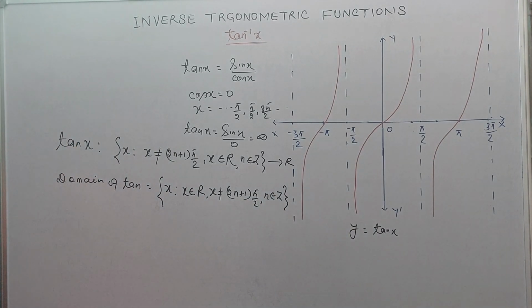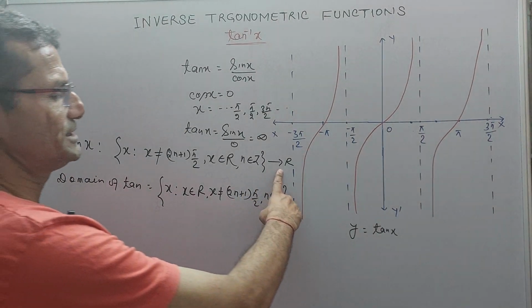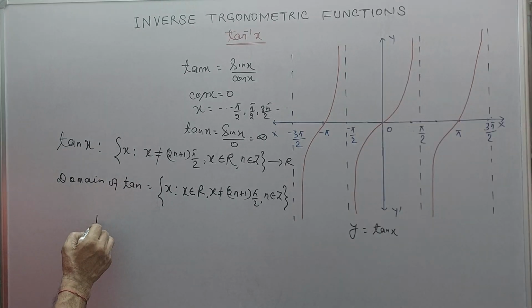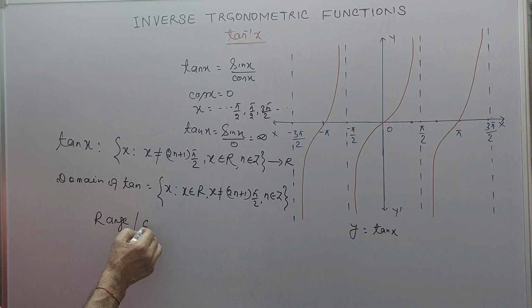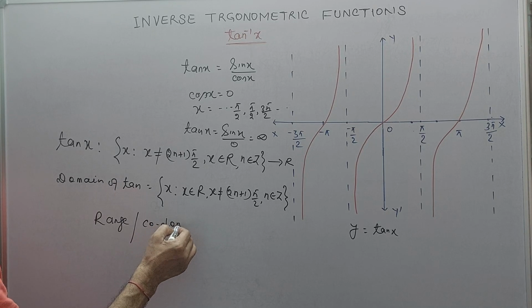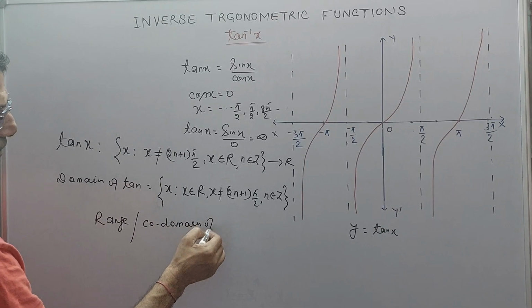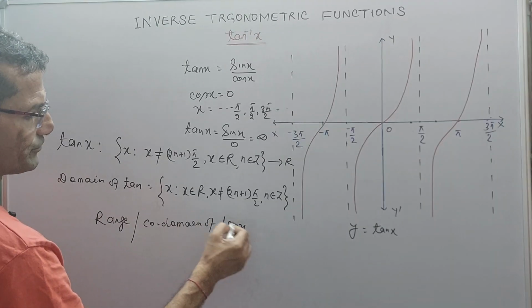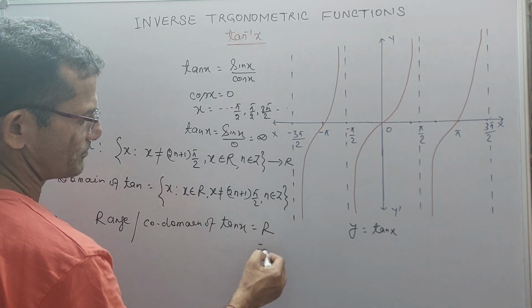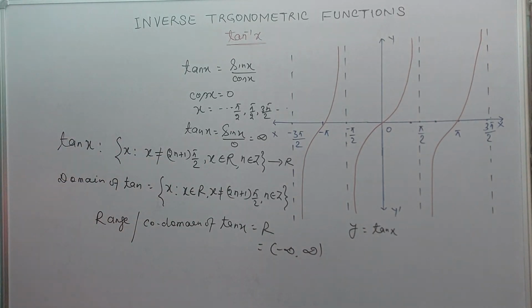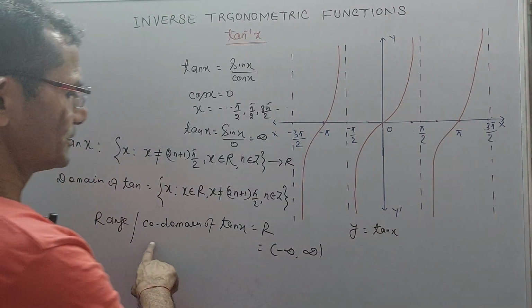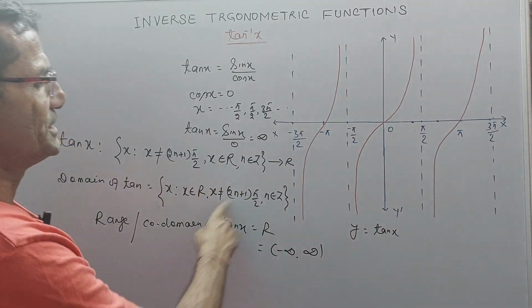So this is the domain of the tangent function, and its range is the set of R. Its range and codomain are both the same. Range of tan x will be the set of R. Set of R means from minus infinite to plus infinite. So it is the range and codomain of the tangent function.